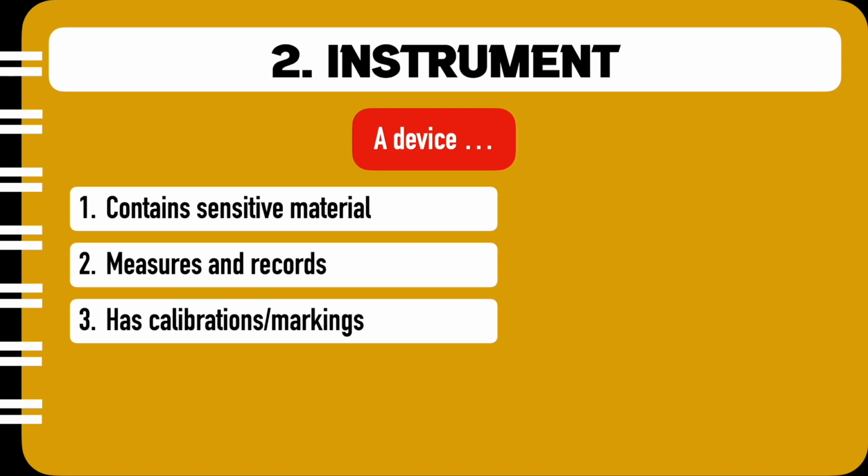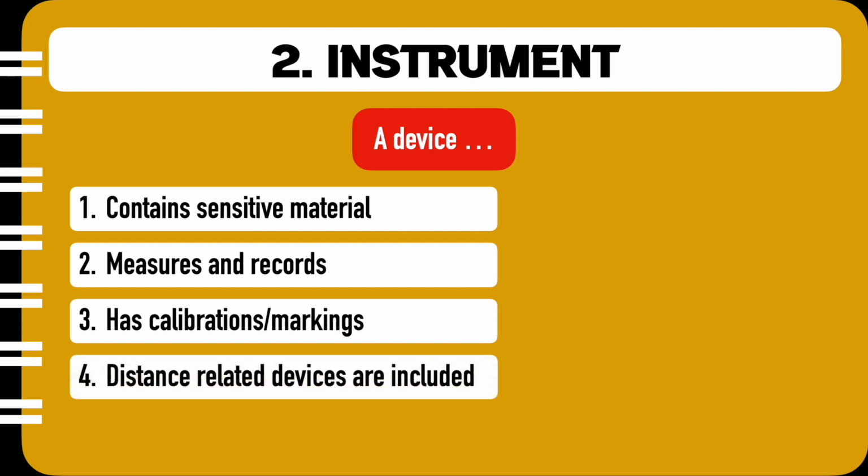Most of the time, an instrument has calibrations or markings at regular intervals. Sometimes, distance-related devices are also included under instruments. We can take the example of a telescope or a microscope. These come under the category of instruments as they have lenses which again have focal distances.